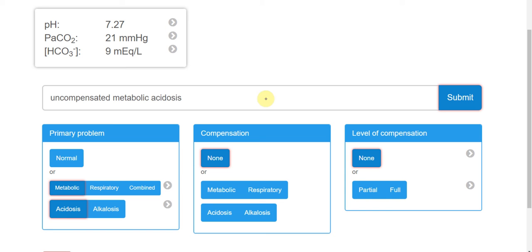So I'm going to confirm by going down to bicarb, and bicarb is below 22, well below 22. Being below 22 means it is acidic, because similar to pH, as you go up in pH, it becomes more basic. As you go up in bicarb, it becomes more basic.